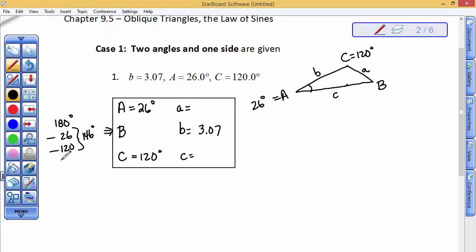And 180 minus that 146, I believe, is 34 degrees. So your easy first step, and I'm just going to put this in red because this is something I calculated. I also like to sometimes put a little check mark by things I was given so that I can see what I'm looking to find. Now I need to go for side A or side C.